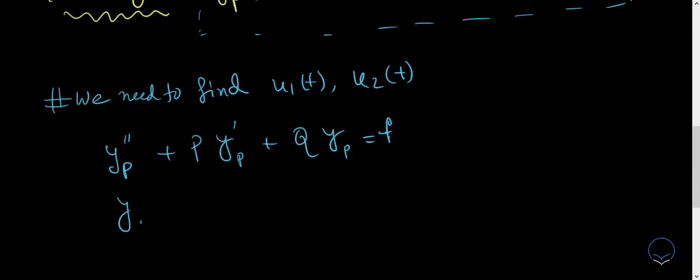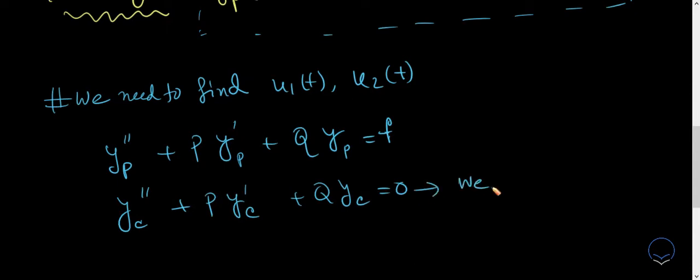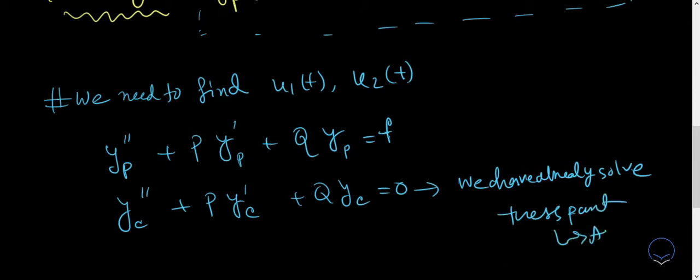And the homogeneous part will look something like this. We are assuming we have already solved this part. This is an assumption. Now we want to solve this one.